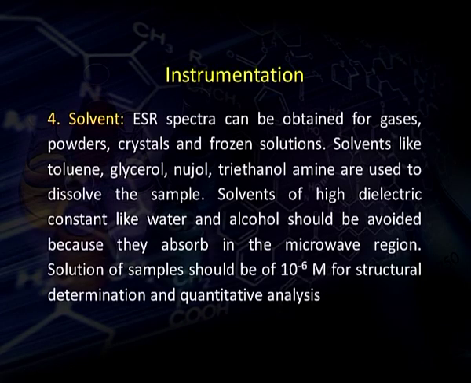ESR spectra can be obtained for gases, powders, crystals and frozen solutions. Solvents like toluene, glycerol, nujol and triethanolamine are used to dissolve the sample. Solvents of high dielectric constant like water and alcohol should be avoided because they absorb in the microwave region.